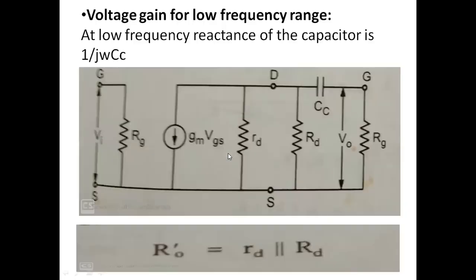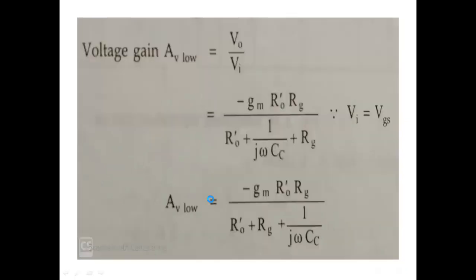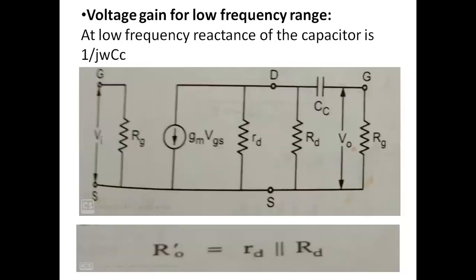R naught dash is the parallel combination of small rd and capital R. So R naught dash parallel RG means small rd parallel capital RD parallel capital R, because R naught dash is small rd parallel capital R. That is R equivalent. Already in the previous session we took this total three-resistance combination as R equivalent.